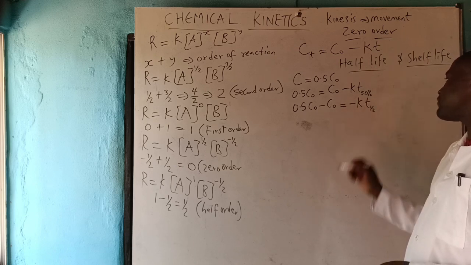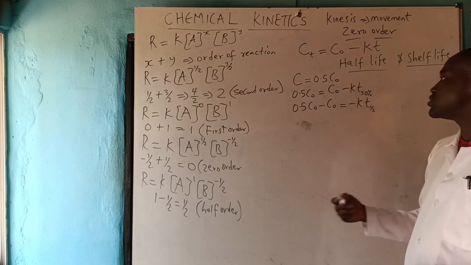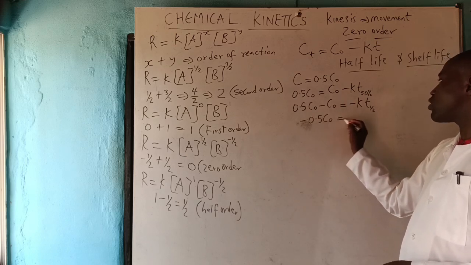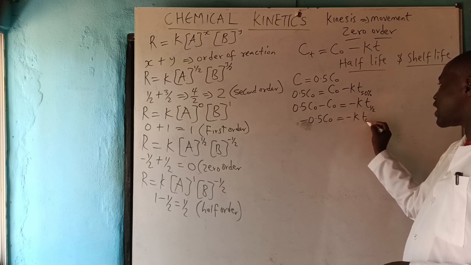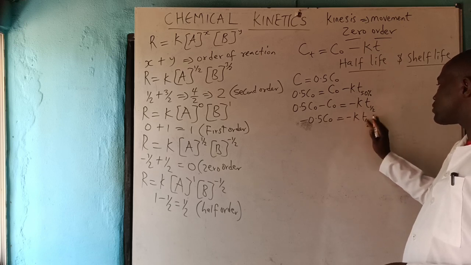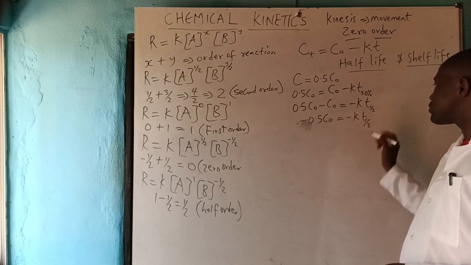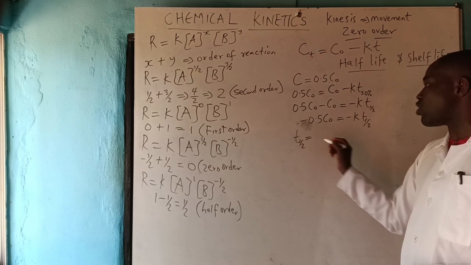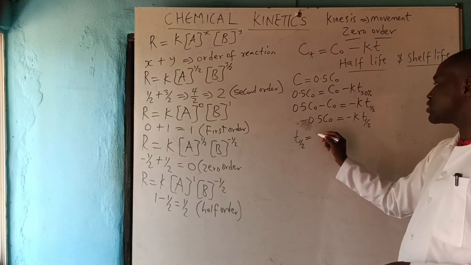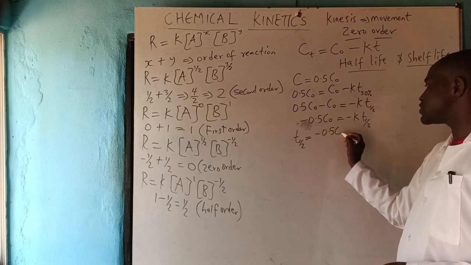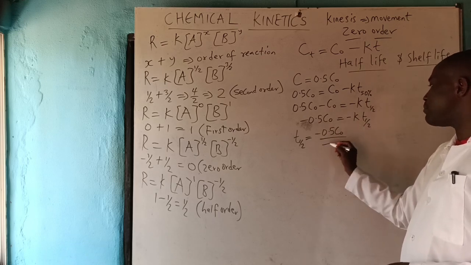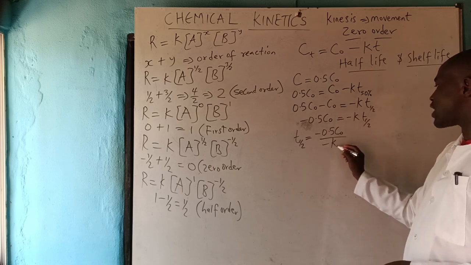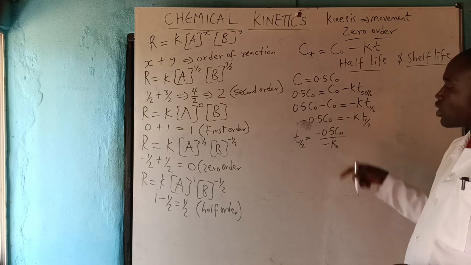50% means half, like 50 over 100. This minus this, minus 0.5 C0 equals minus K T half. And so T half, which is the half-life of a zero order reaction, is minus 0.5 C0 all over minus K, where the K is talking about K0, zero order.